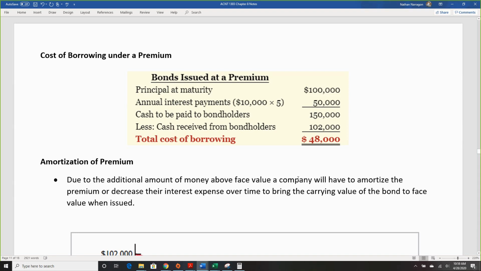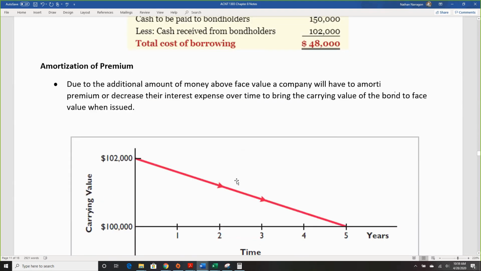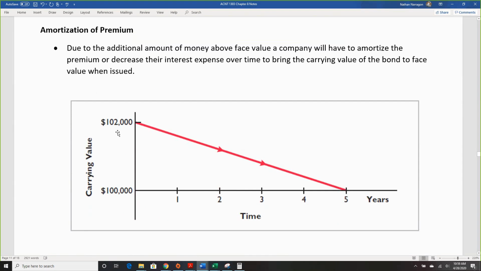So we want bonds payable to be the only thing at the due date. That means we have to allocate out the premium. So the carrying value is higher than the par value, and we need to get it to par value.